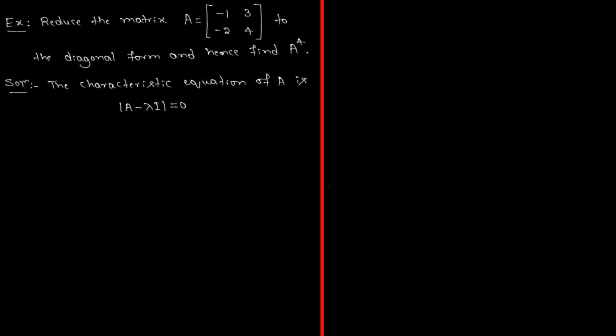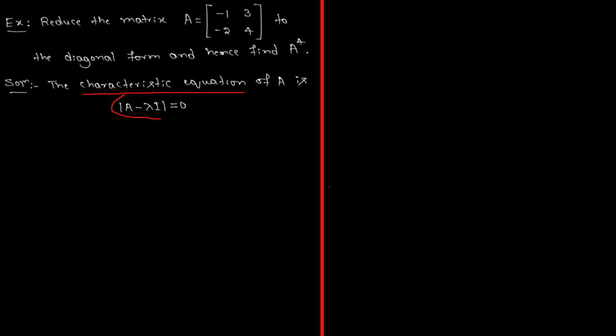First step is finding the eigenvalues and eigenvectors. For that we need to take the characteristic equation. You all know how we write the characteristic equation from your previous classes, that is, from second PUC and first PUC.